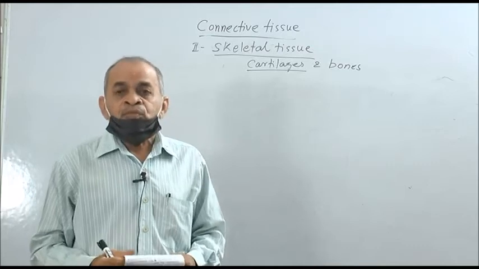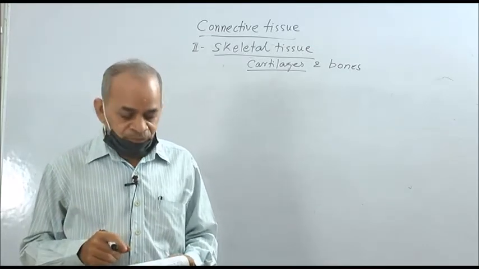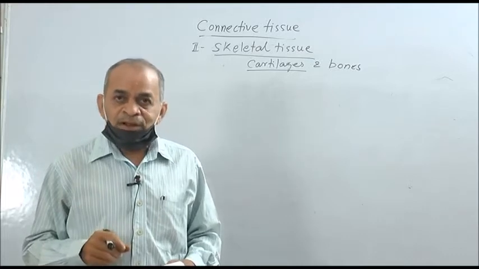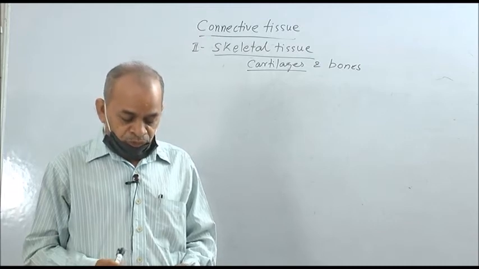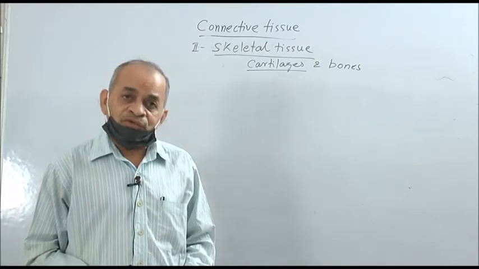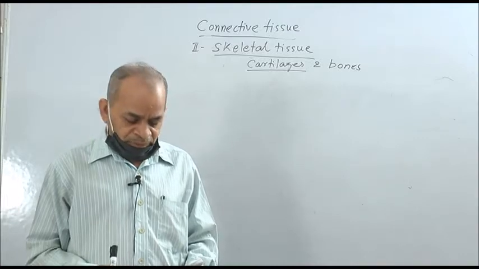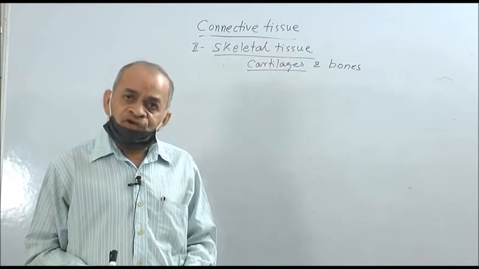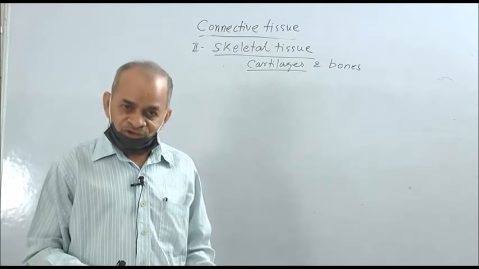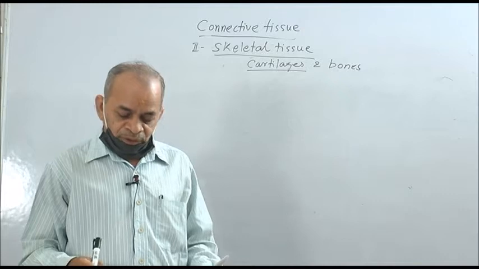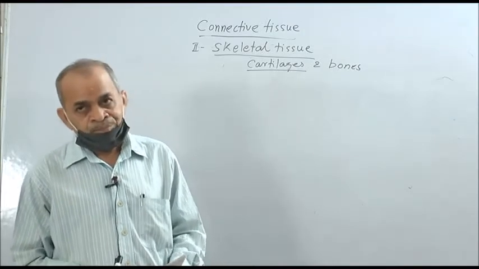These are hyaline cartilage, elastic cartilage, fibrocartilage, and calcified cartilage. Bones are same everywhere. So there are four types of cartilages: hyaline cartilage, elastic cartilage, fibrocartilage, and calcified cartilage.